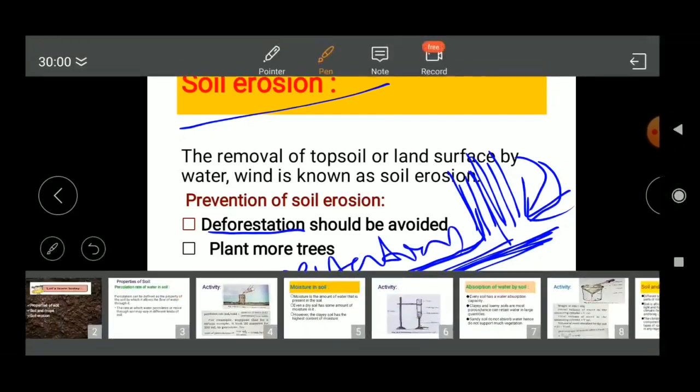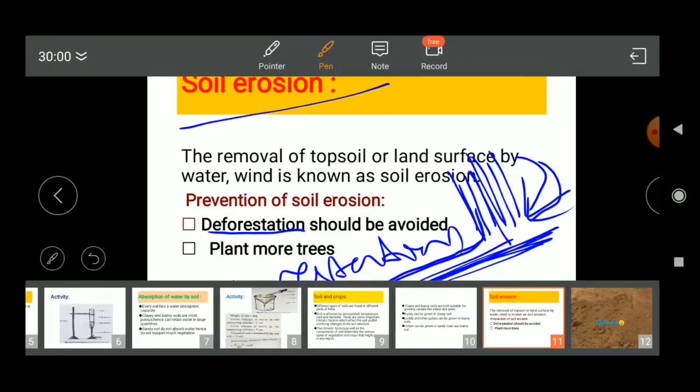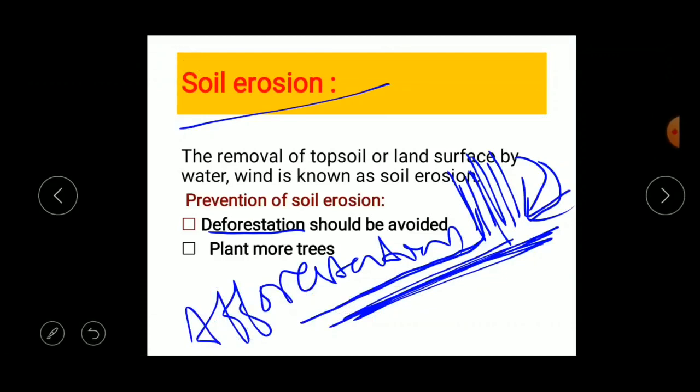Afforestation is nothing but plantation. Deforestation is the cutting of the trees, whereas afforestation is planting more trees. So deforestation should be avoided and we should plant more trees, that is afforestation.